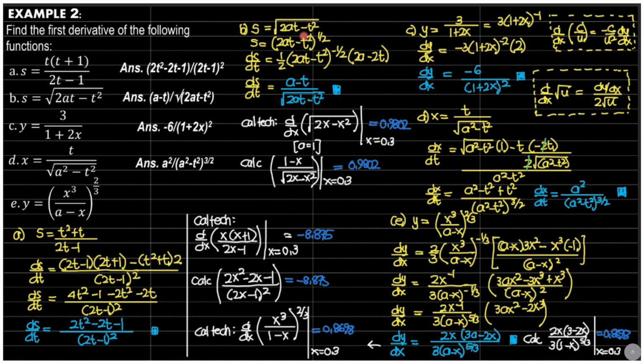But in this case, I rewrite this as s is quantity 280 minus t squared raised to 1/2, and then apply the power formula, because the direct formula for the derivative of square root of u is based on the power formula. So it will give us the same result.